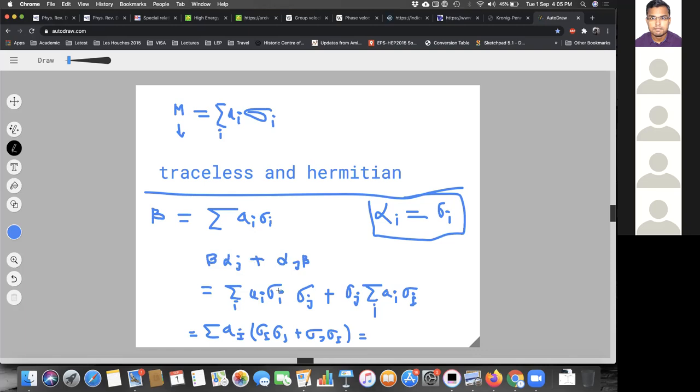Now what I can find if I compute this: my beta is sum over i of a_i sigma_i, I just substituted them, and alpha_j is just sigma_j. And then I just took this sum over i a_i common. It is actually sigma_i sigma_j plus sigma_j sigma_i. So what is this thing inside the bracket? Twice delta_ij, right? Very good. So this is twice delta_ij.